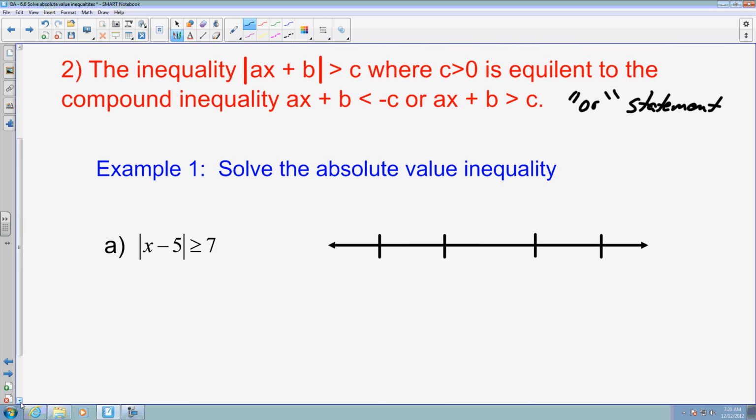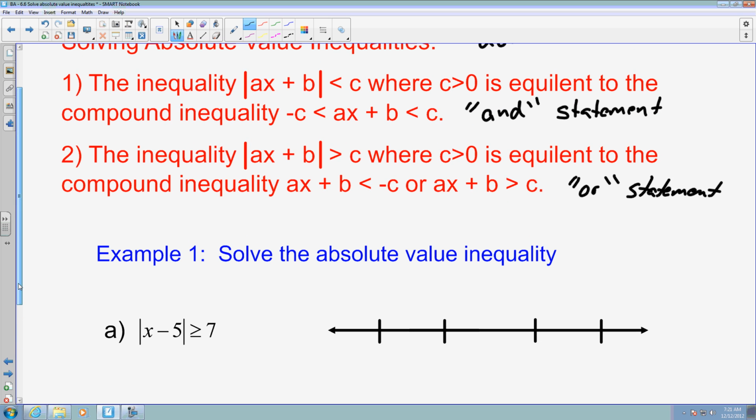So we have the absolute value of x minus 5 is greater than or equal to 7. So if we look at, is it number 1 or is it number 2? Well, I see I have a greater than or equal to, so I can determine that it looks similar to number 2.